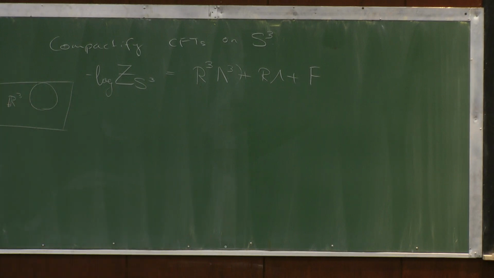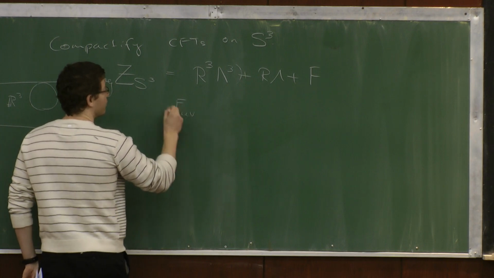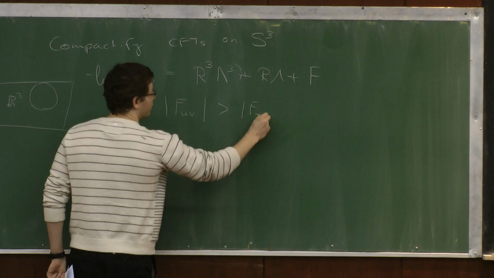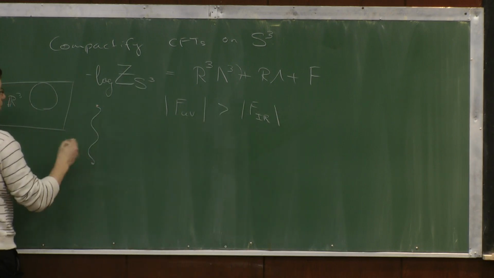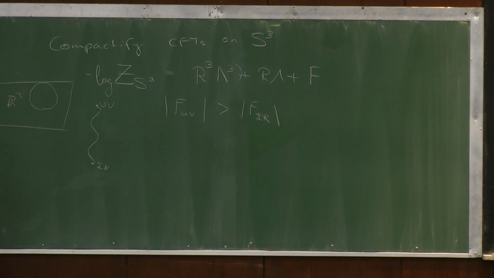So given a specific conformal field theory, you can compute F. And the conjecture that's been put forward in the last year is that F UV in absolute value is always bigger than F infrared in absolute value, where UV and infrared refer to two conformal field theories defined at short and long distances. So if you have a flow from some conformal field theory in the ultraviolet to some conformal field theory in the infrared, this inequality should be satisfied according to the conjecture.